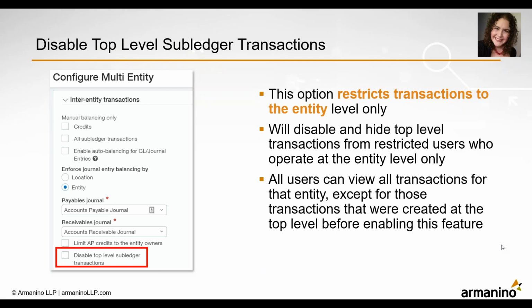Of course, in an intercompany, multi-entity environment, you may need top-level sub-ledger transactions if you have bills incurred for one entity but paid for by the other. However, for those in a single entity environment, or single entity, multi-entity environments, you don't want anybody to post anything at the top level. So this will allow you to disable it altogether.